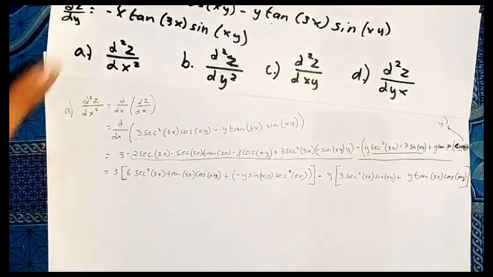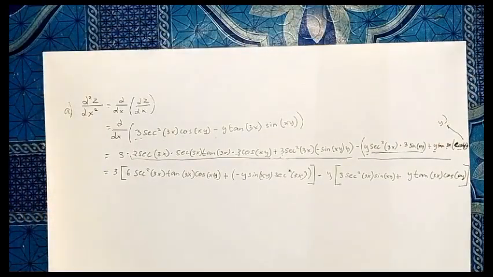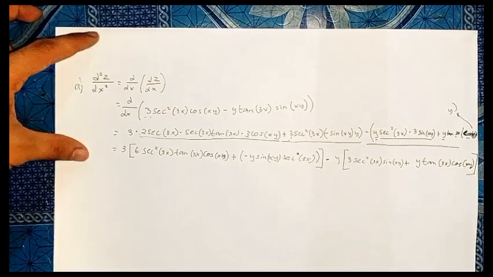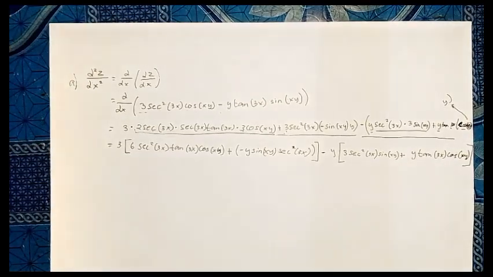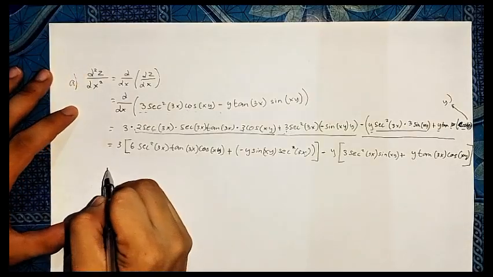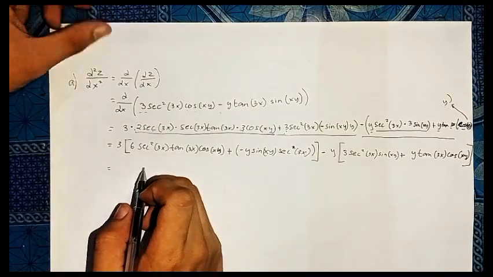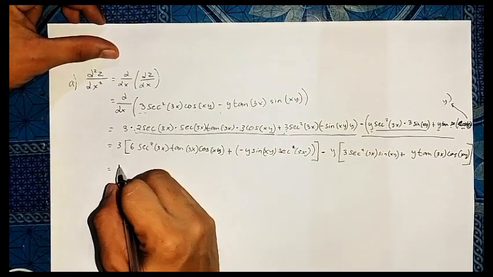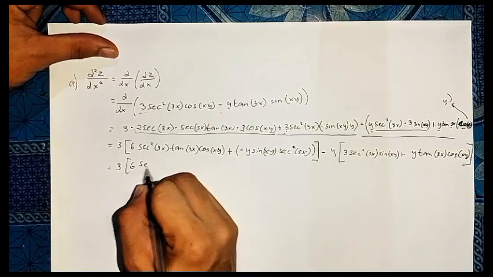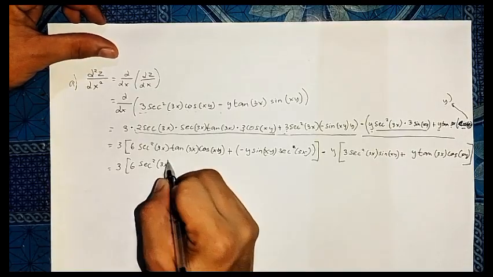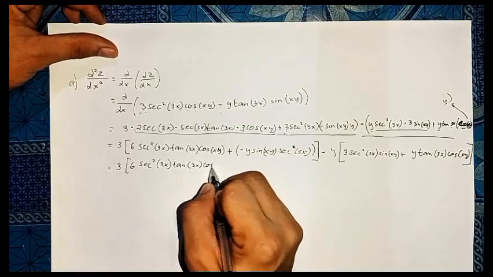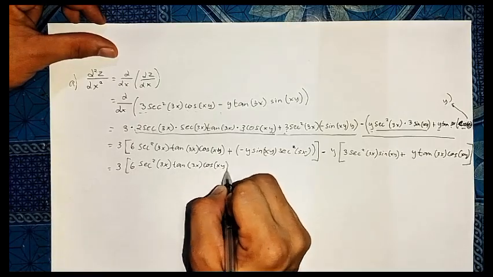Then, guys, let's remove this for now. Next, this first. Is equal to, 3, 6 secant squared 3x tan 3x cosine xy.